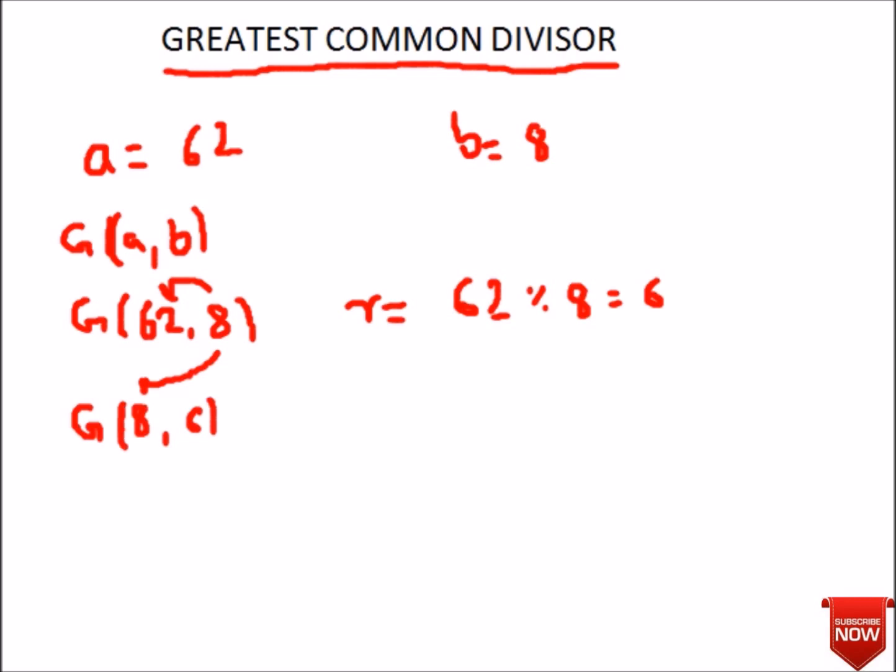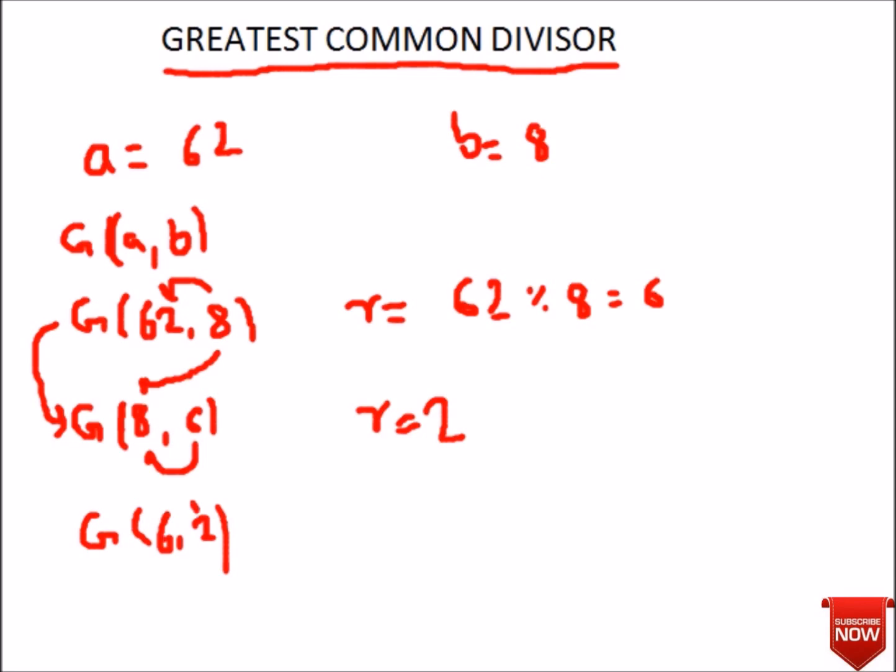First of all we will move from this to this, and once again we will check if 8 is divisible by 6. No, and the remainder in the next step is 2. So here we have 6 comma 2 according to Euclid's algorithm.